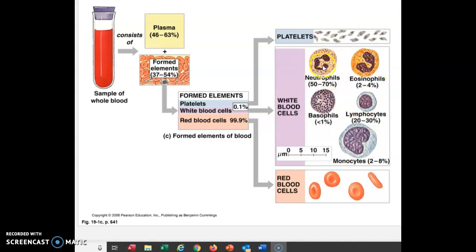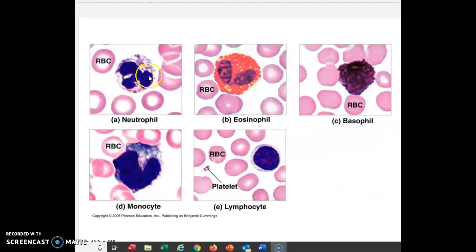So let's look at these and introduce them very quickly, because this is where information starts transitioning from test 1 to test 2. Okay, neutrophil, again, makes up 50 to 70% of our white blood cells. Again, it's a granulocyte. You can see the granules that are stained outside of the nucleus here. These are the highest percentage, so they're usually the first thing to come across an infection or an invader.